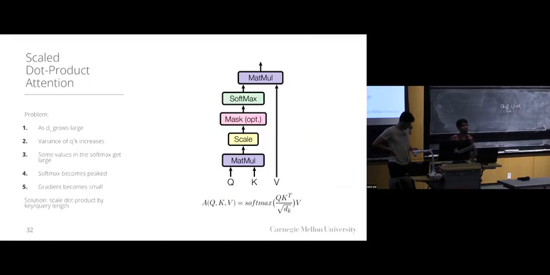And there's one minor issue with dot product attention, and that's that as dk grows large, the variance of q transpose times k gets large. In fact, it scales by square root of dk. This means that the values in the softmax get very large, and then your softmax gets peaky.